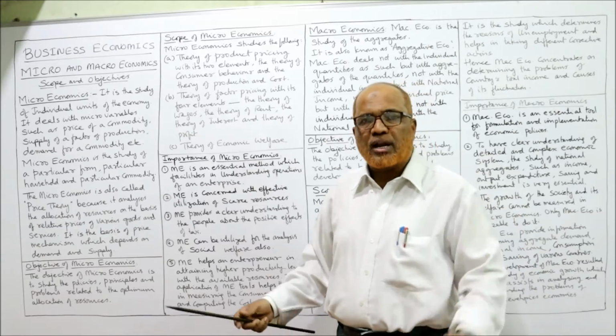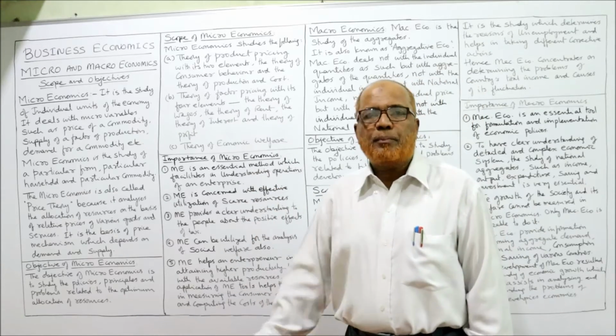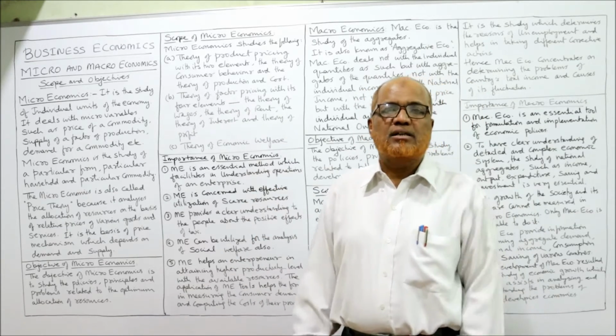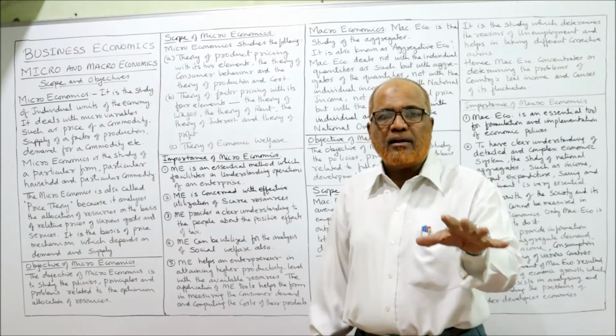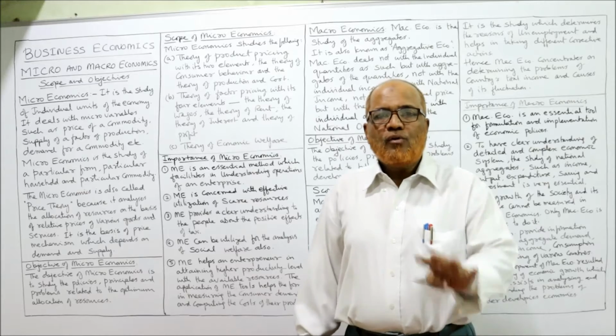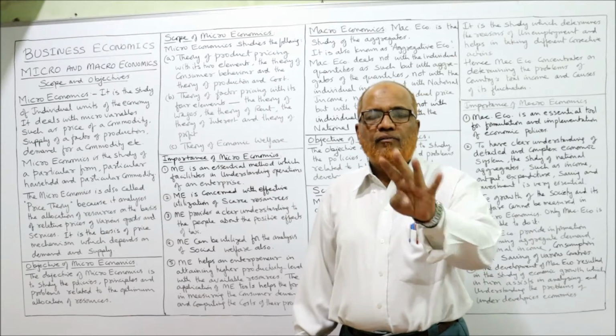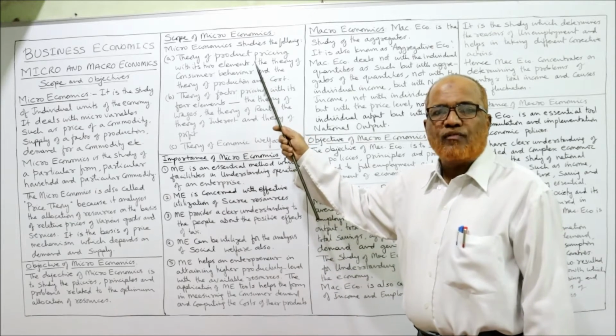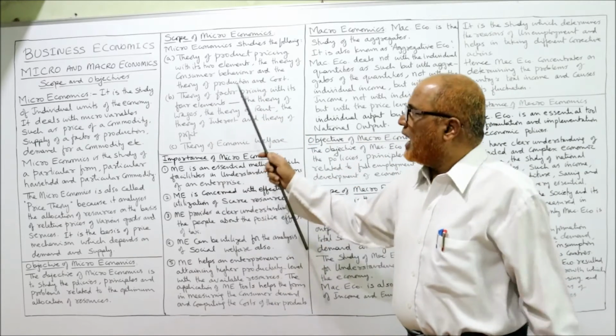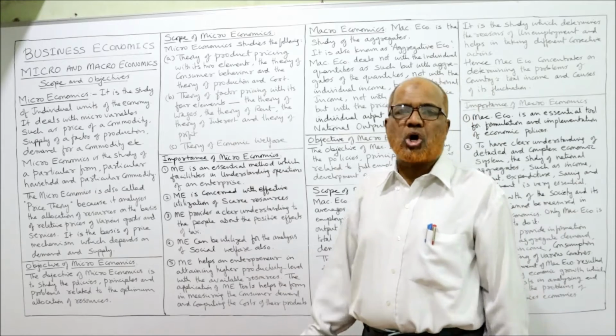Similarly, interest will be paid for the funds utilized. Lastly, profit is the return which the entrepreneur will get. So four elements are there, which are called factor pricing. In product pricing, two factors: consumer behavior and the theory of production cost.